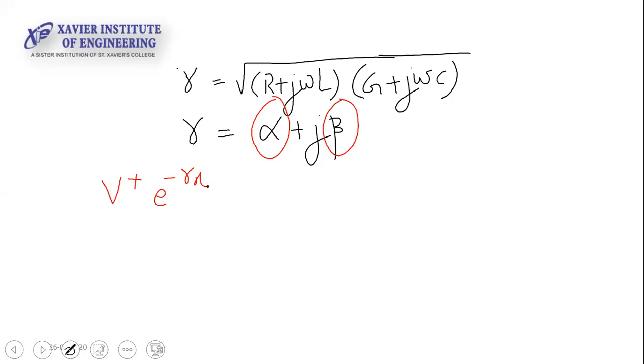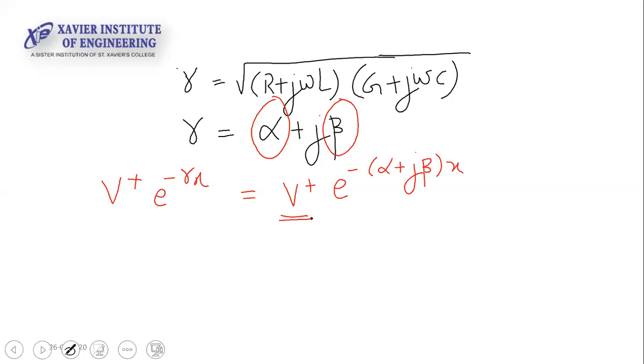V plus e raised to minus gamma x, which is V plus e raised to minus (alpha plus j beta) times x. Without losing any generality, I can assume that V plus is a real quantity. So V plus becomes completely positive, or it tells us the magnitude.